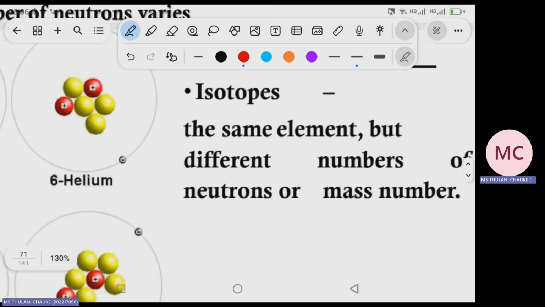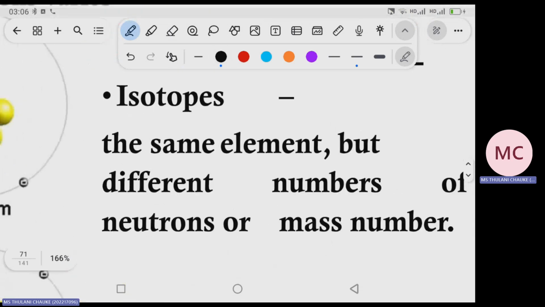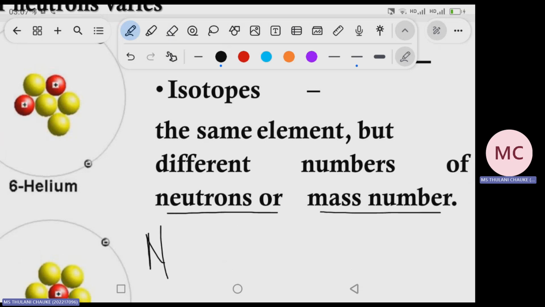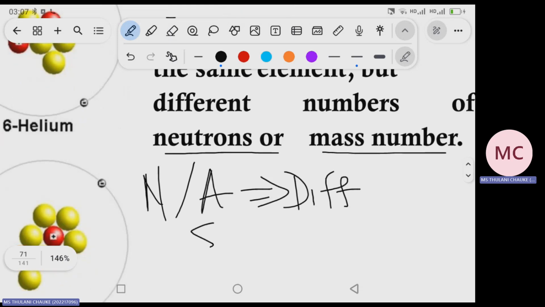So what I want us to discuss next is isotopes. What are isotopes? We're talking about elements that are the same, but they have different numbers of neutrons, or a different mass number. The mass number, represented by A, must be different, but we'll be talking about the same element.